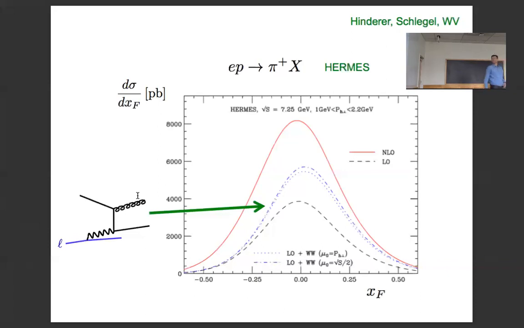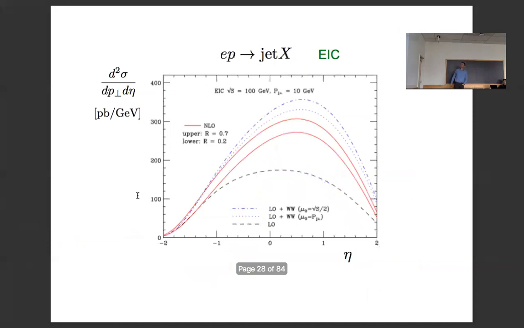Remember, we also integrate over all Q. Exactly right. They have cuts on Q, which is perfectly fine, it's what you usually do. You're right. Yeah, there's no process data.